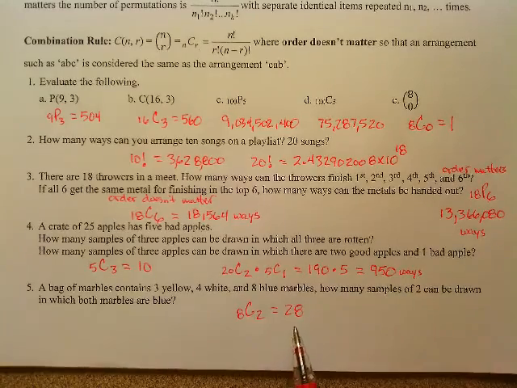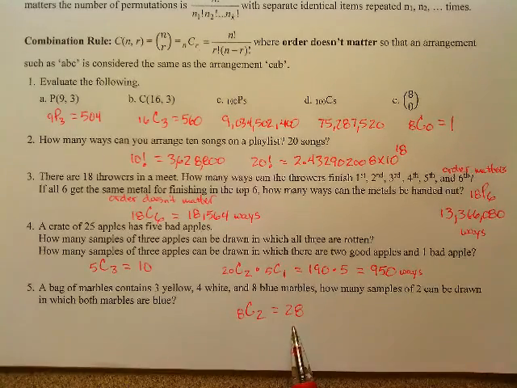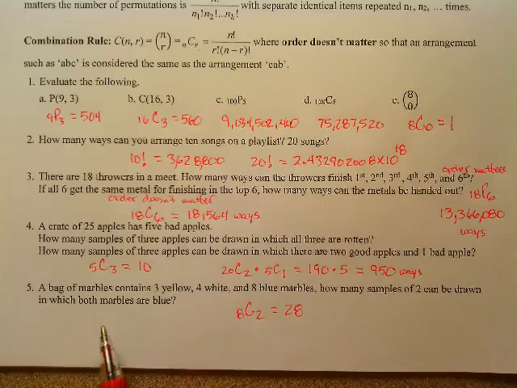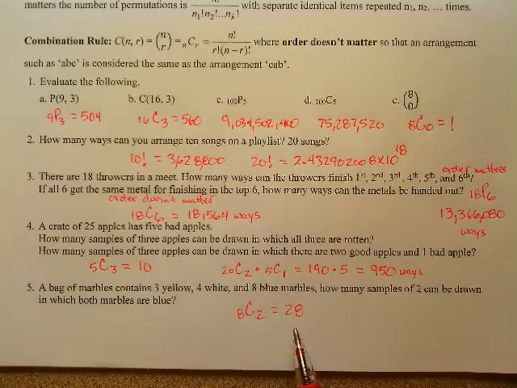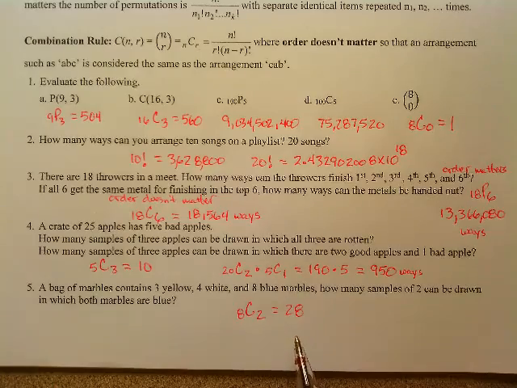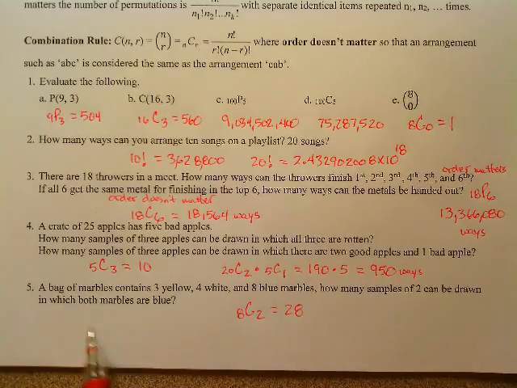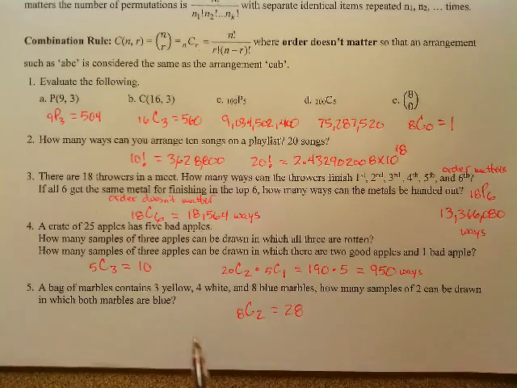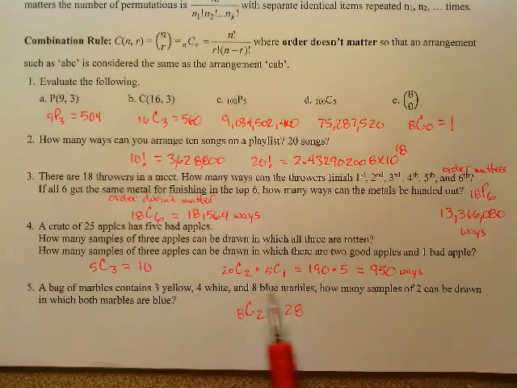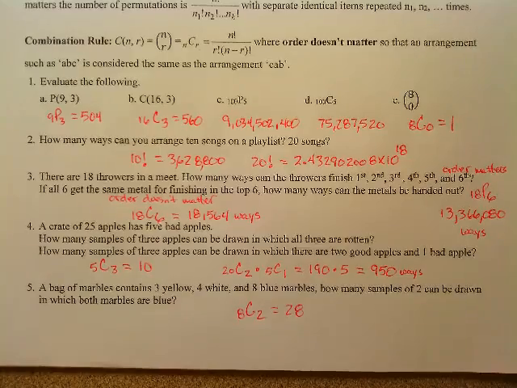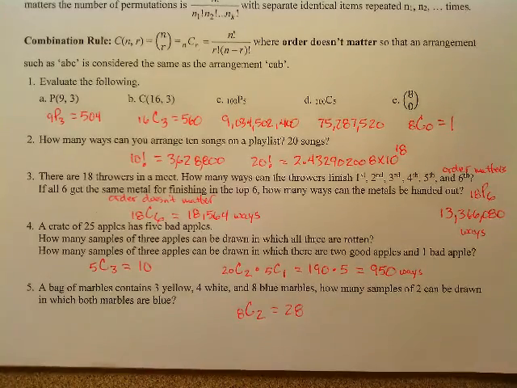In other words, what we found here in this last entry would have been how many ways to have 2 blue marbles, but if we wanted the probability of picking 2 blue marbles, that would be this divided by all the different combinations that we could have picked from our 15, 3, 4, and 8 marbles. And so that's what we're going to do in the next section.